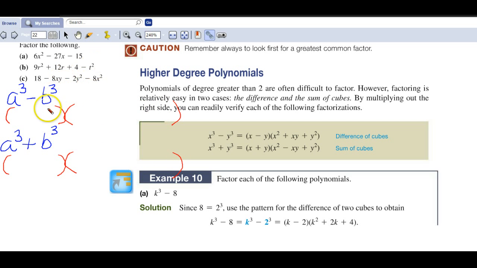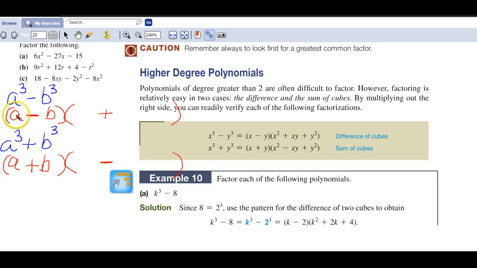Now we're going to go for our signs. Well, in the 2 term, we use this sign right here. So this is going to go right there. Now, if this is a negative, then our middle term out here is going to be the opposite sign. So this is all part of the recipe. Now, we take the cube root of this, which is a, the cube root of this, which is b. And it's the same down here.